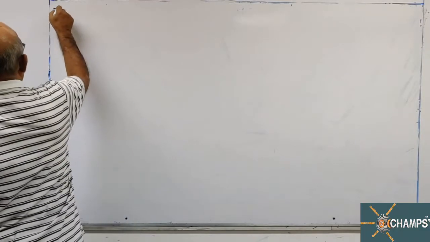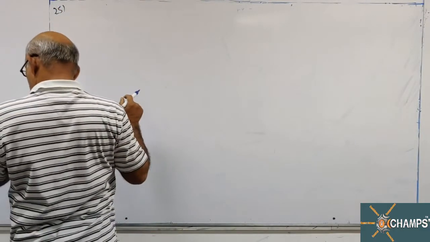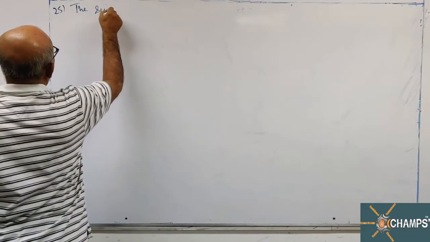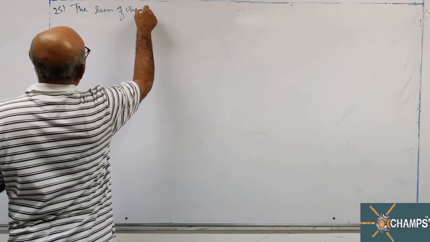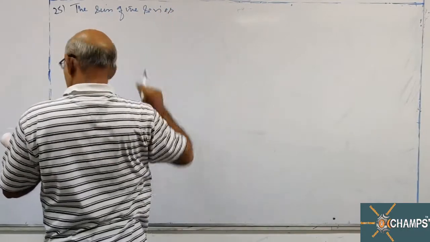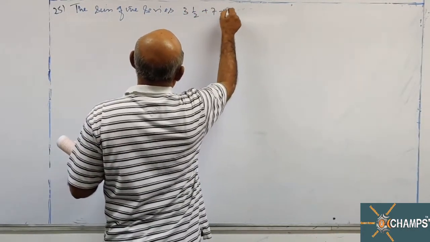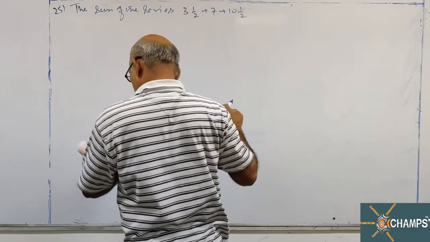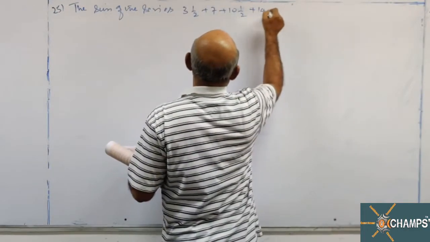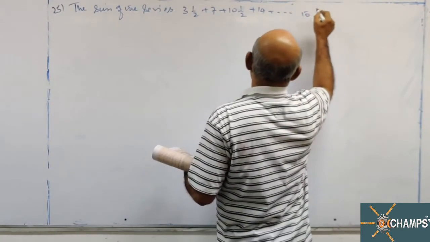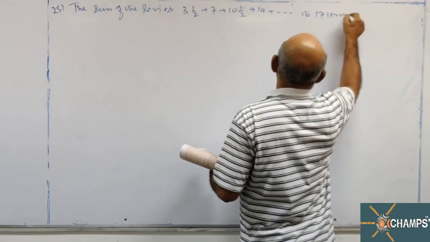Now look at the 25th question. The sum of the series three and a half plus 7 plus 10 and a half plus 14 plus etc. up to 17 terms is?